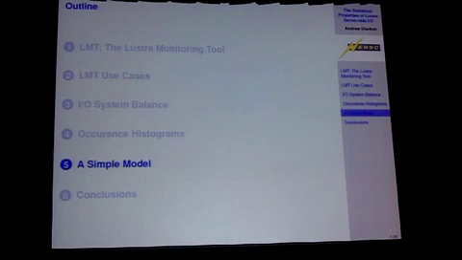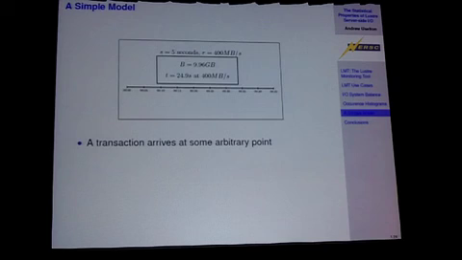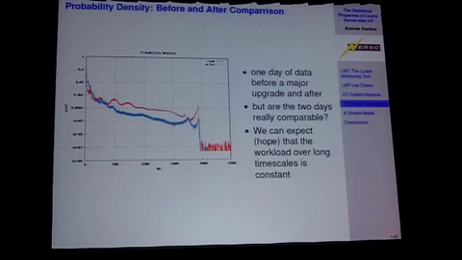So now we're going to look at a simple model of how this might come about. These are the observations you get out of LMT. And we can presume that there's also some distribution of what the transactions were that were coming from the compute resource asking for I/O.